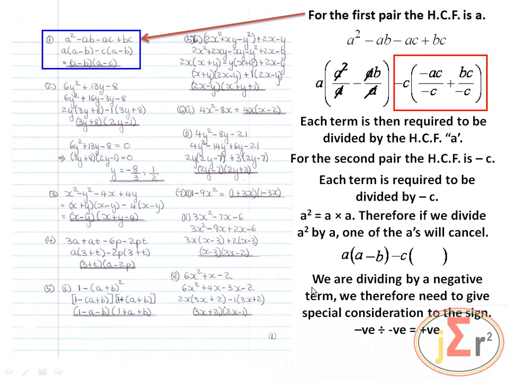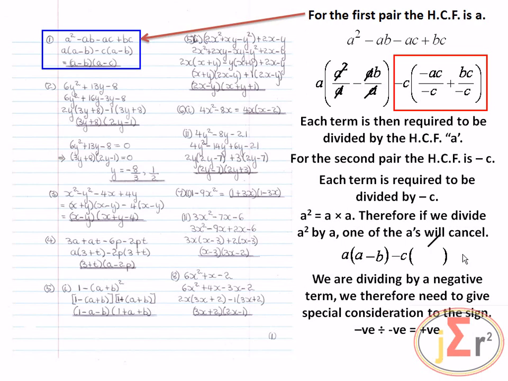We are dividing by a negative term. We therefore need to give special consideration to the sign, which is negative in this particular case, or give special consideration to all of the signs, because we will have a nice mixture of signs, and we need to know the result of manipulating the entire expression.